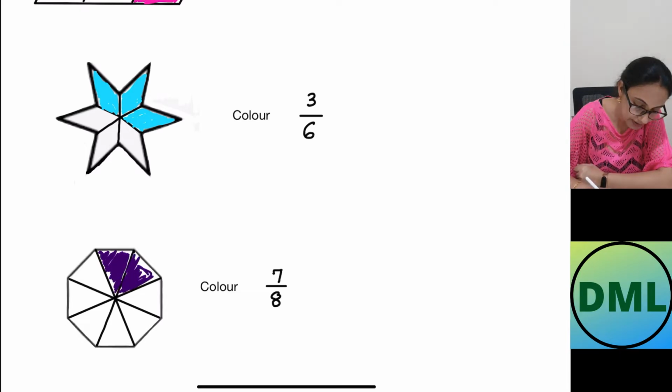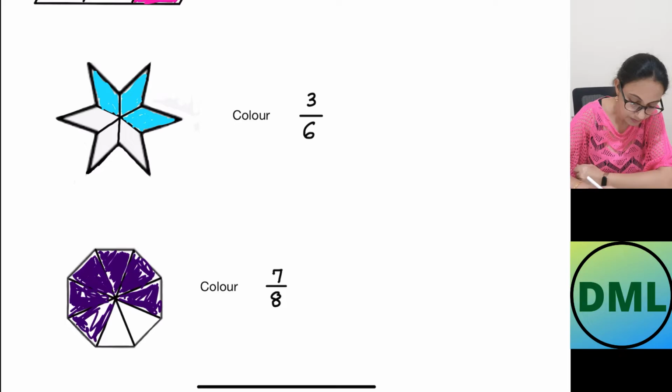So I have to just leave 1 part and I have to color all the other parts. So you have to do it nicely. So just fill it. So I filled 7 parts out of the 8 parts. You do it nicely.